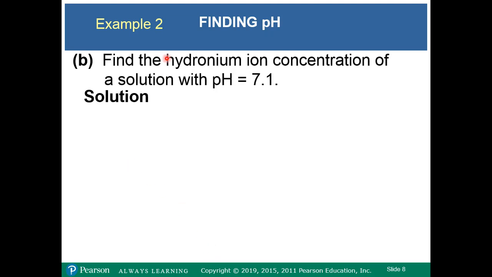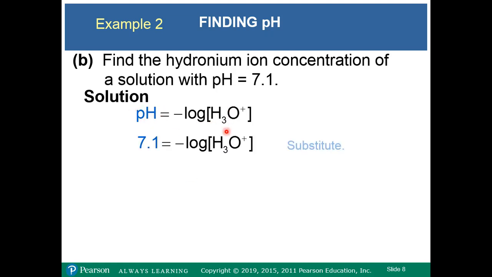Now, in this case, we want to find the concentration, and we're given a pH of 7.1. So now we're going to use the same equation, but now we know the pH, and we want to solve for the concentration. So we get 7.1 is equal to the negative log of this concentration. And so we multiply both sides by negative, and now we've got the log. So what are we going to do with this log?